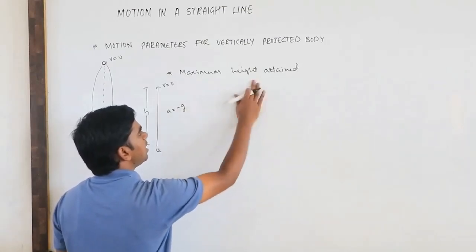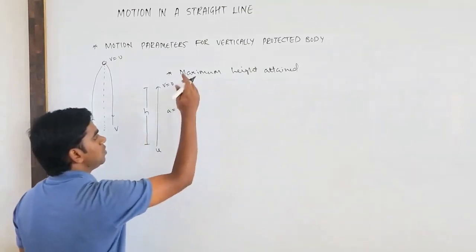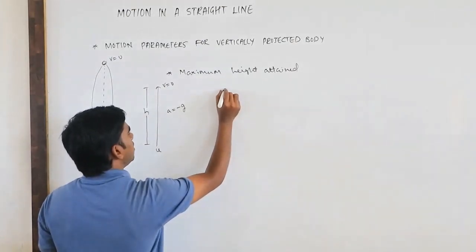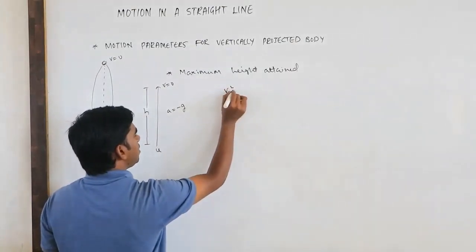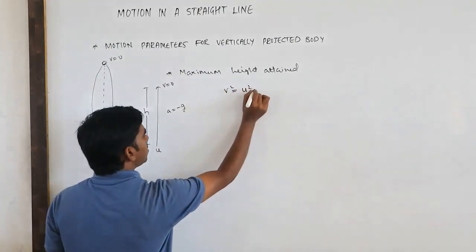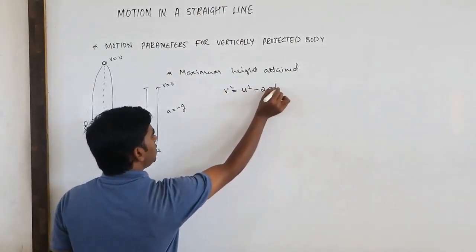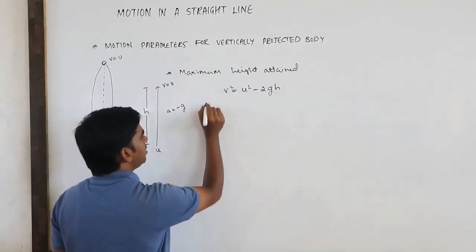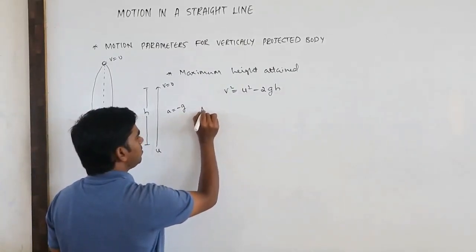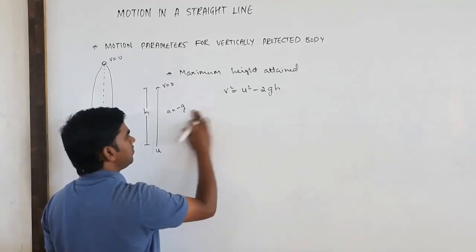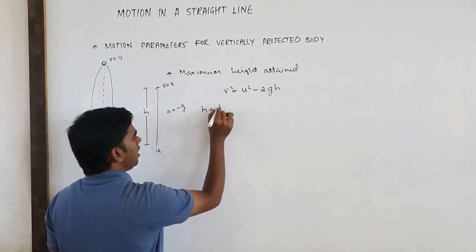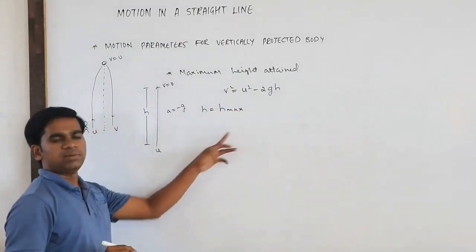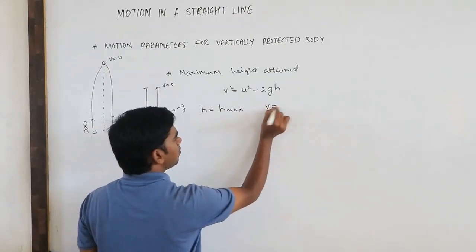Then which equation can you use? You can use v square equals u square minus 2gh. Here h is the maximum height attained, so h equals h maximum. When h becomes h maximum, v will become 0.